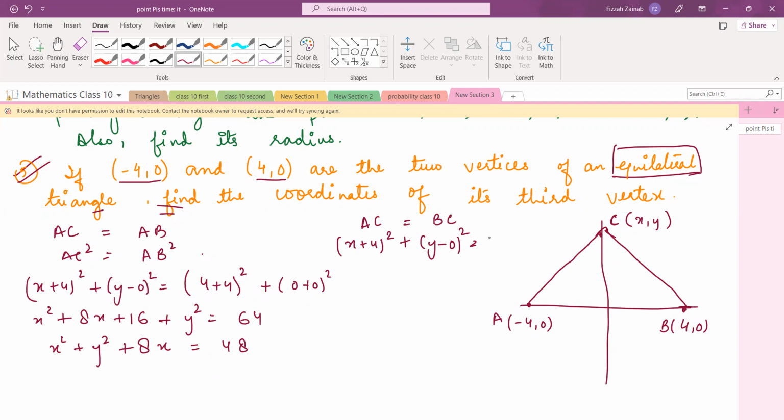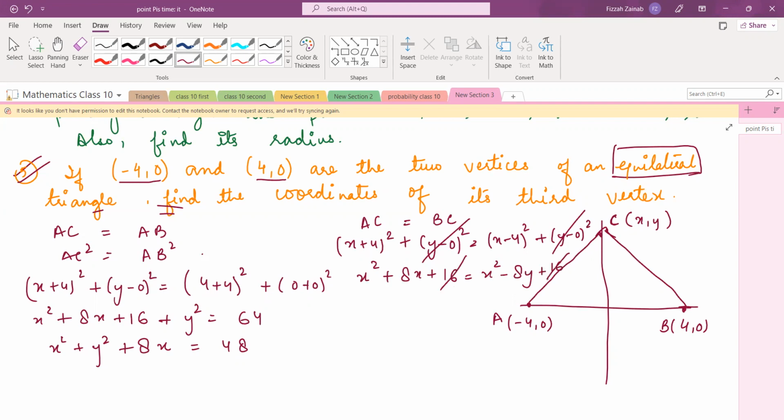And BC will be the same, (x minus 4) whole square plus (y minus 0) whole square, right? So directly the y whole square cancels out, as you can see. This will be x square plus 2 into 4, 8x, plus 4 into 4, 16. This is x square minus 8x and plus 4 into 4, 16, right?